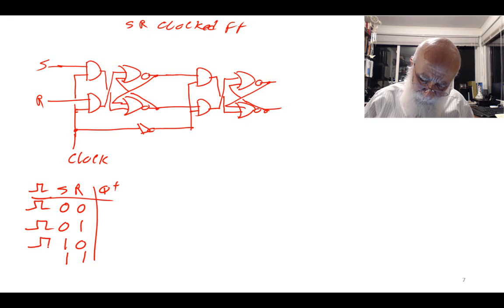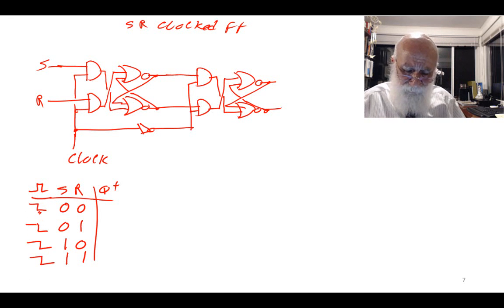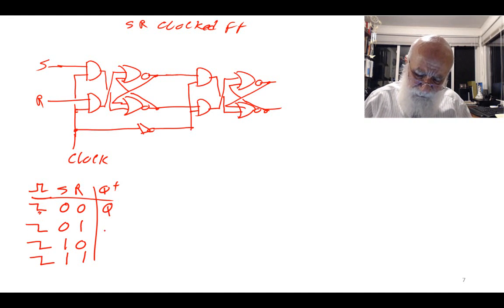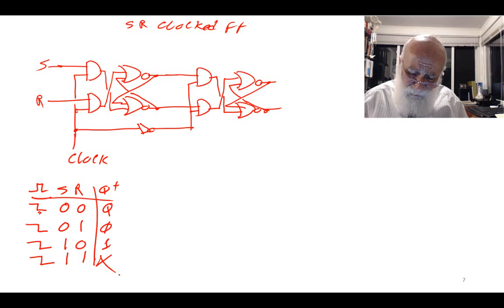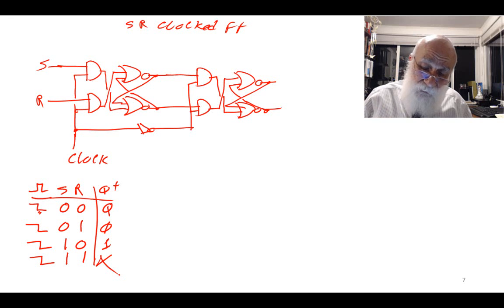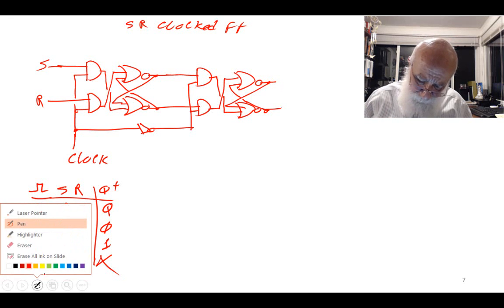To show you the new notation, this means when the clock makes a 1 to 0 transition, 0 0 doesn't change, 0 1 will set it to 0, 1 0 will set it to 1, and 1 1 we are back to the situation where this is bad, this is not allowed. I'm going to look at the situation when my existing Q is 0.